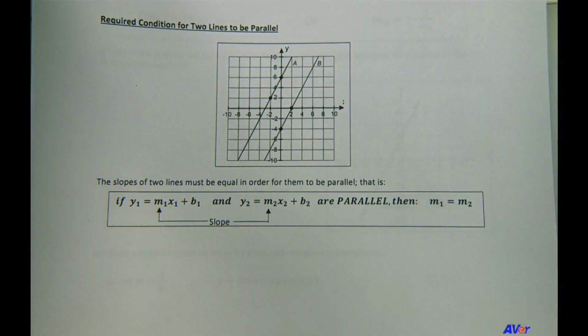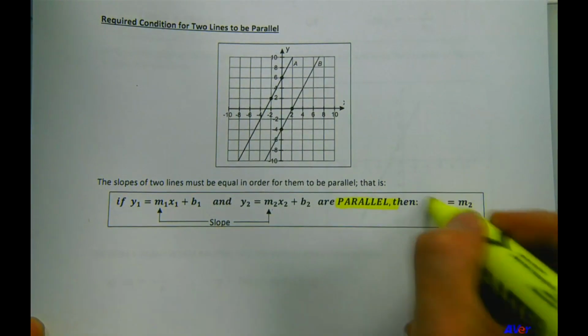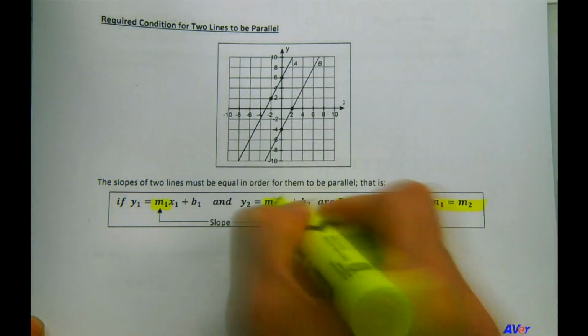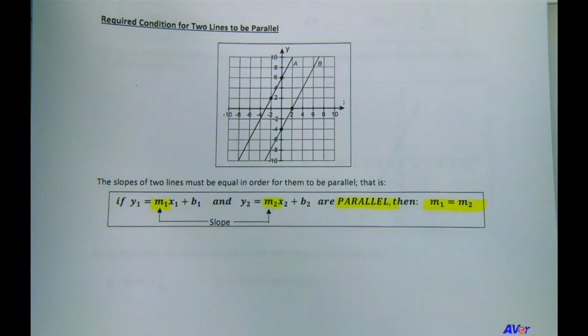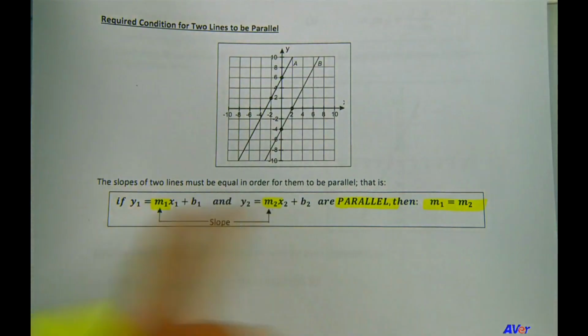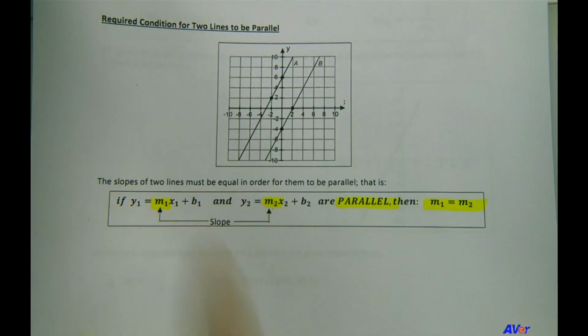So the critical piece of this definition is that for parallel lines, the slopes of the lines must be equal. Notice that before we know the slopes, both lines are written in which form? Both lines are written in y equals mx plus b form.